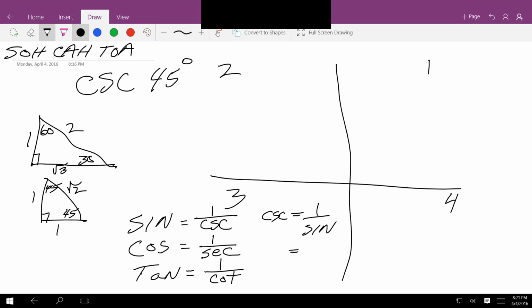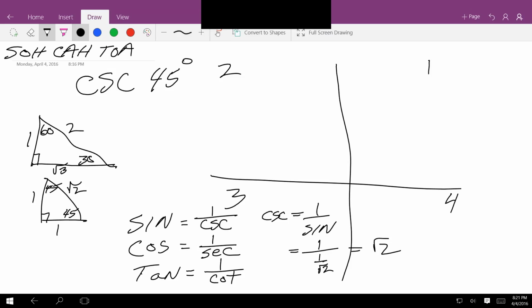Oh, whoops. 1 over square root of 2. 1 over square root of 2, yeah. Okay, so that would be the sine. So I'm going to replace sine with 1 over square root of 2. And then if I flip and multiply, that gives me square root of 2 as an answer.